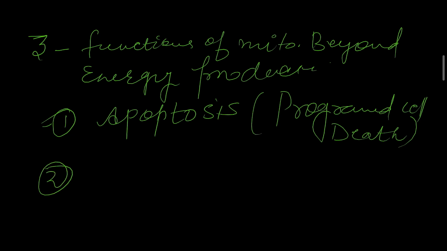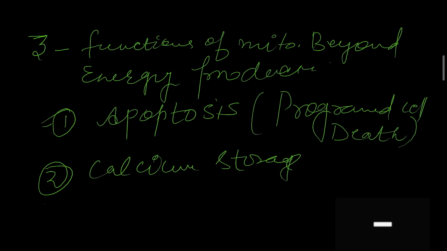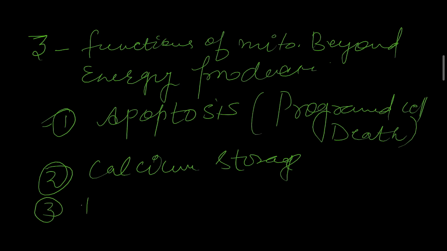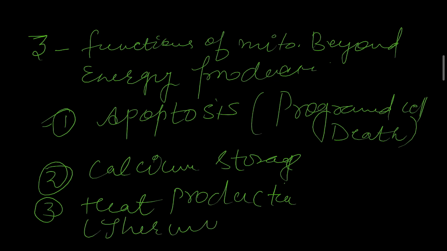Second is calcium storage. In this, mitochondria help regulate calcium levels, which is important for muscle contraction, nerve function, and enzyme activation. Third is heat production, which means thermogenesis.